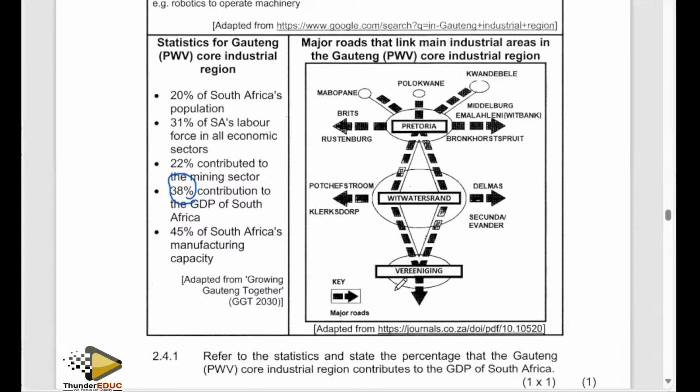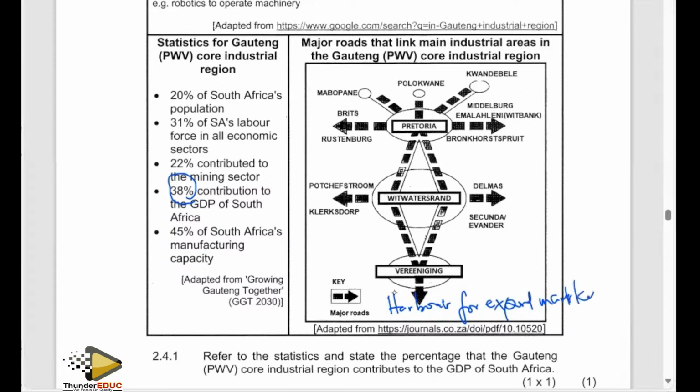Right. So we can talk of maybe this route here. Why is it important? We are coming out of the Vanderbijlpark area. We are going south. This definitely will lead us to the harbors. The major routes are linking to the harbors for the export market.